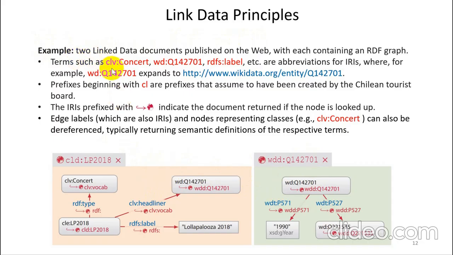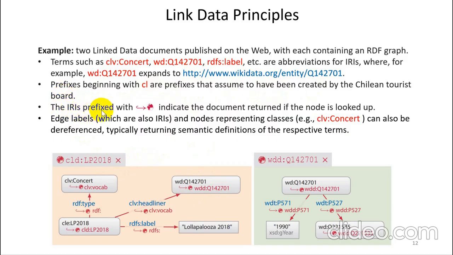The terms such as CL:Concert or WD:Q14270 are abbreviations for the IRIs, where, for example, WD:Q14270 expands to this kind of link, and prefixes beginning with CL are prefixes assumed to have been created by the Chilean Tourist Board.